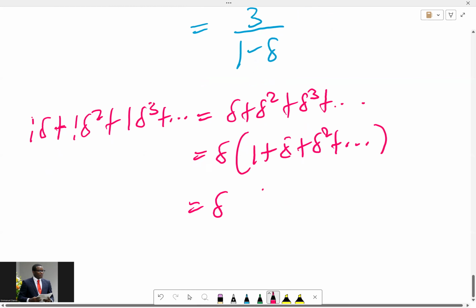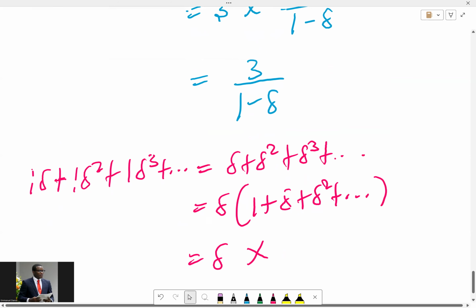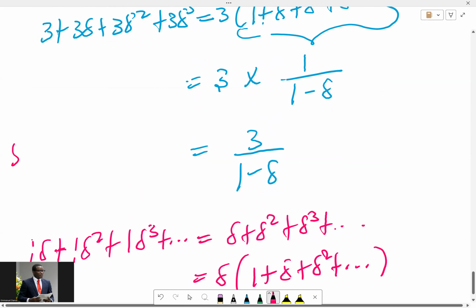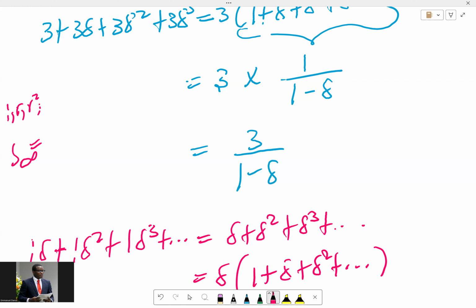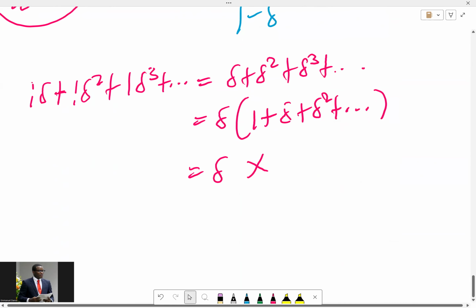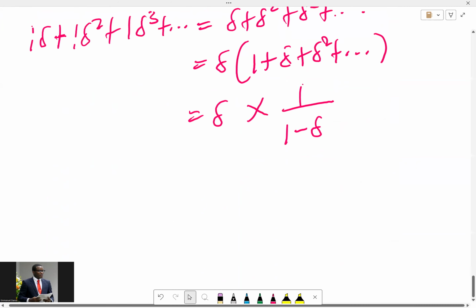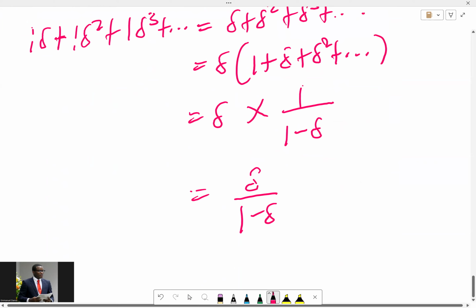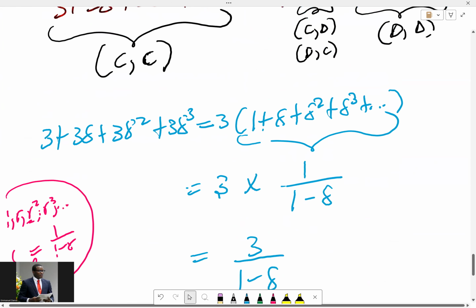For a geometric sequence with 1, r, r squared, r cube, where r is the common ratio, the sum to infinity is the first term over 1 minus r. So here the first term is 1 over 1 minus delta, the common ratio. So now we have delta over 1 minus delta.